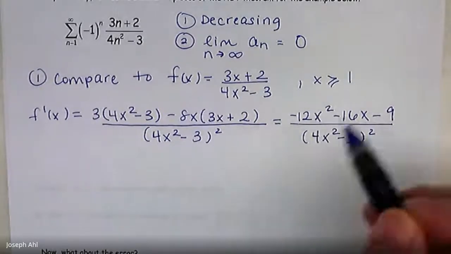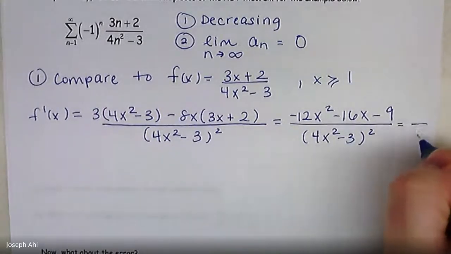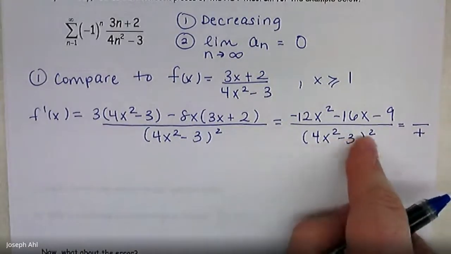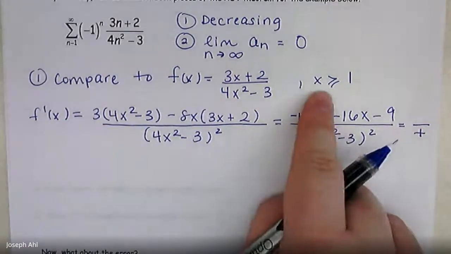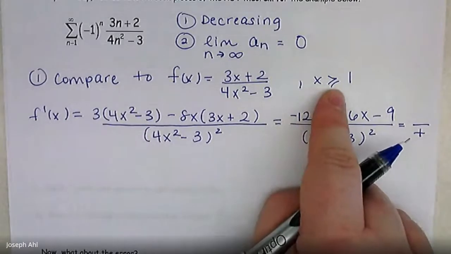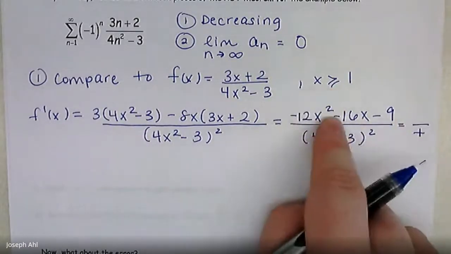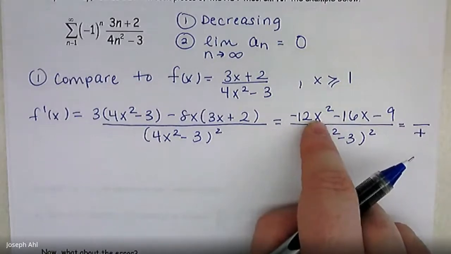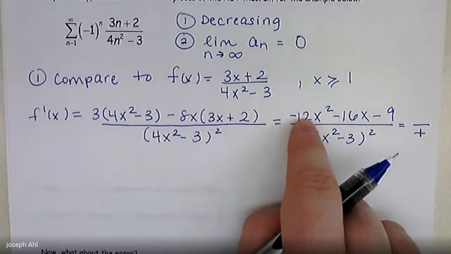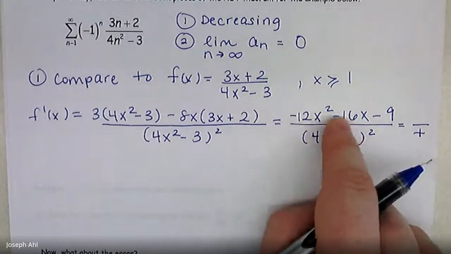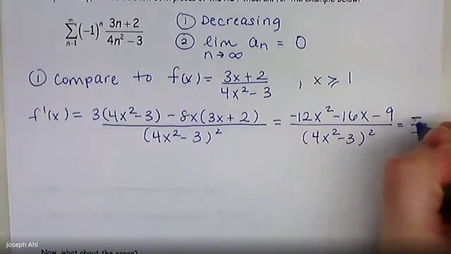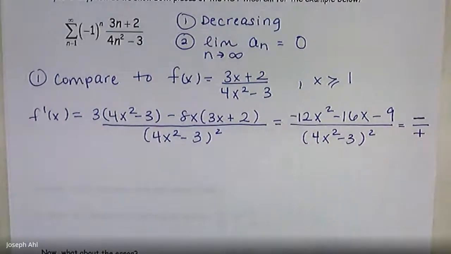Looking at this fraction, we definitely know that the bottom is positive no matter what, because squaring makes the bottom positive no matter what x is. But for x values greater than or equal to 1, think about the result on the top. If x is some value bigger than or equal to 1, you're going to get a negative, minus a negative term, minus 9. The top is definitely negative, and negative over positive altogether will give you a negative.